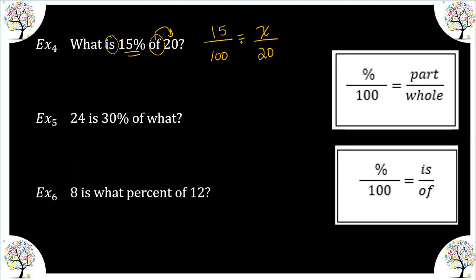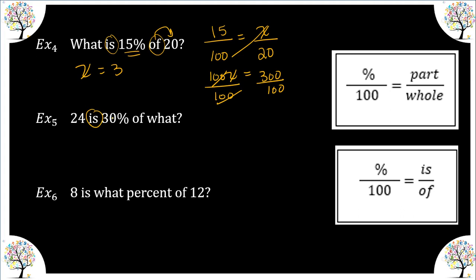So now we have our percent proportion, and now we're going to use cross multiplication. So we have 100x equals 15 times 20. Isolate your variable, and x is 3. So 3 out of 20 is 15%.